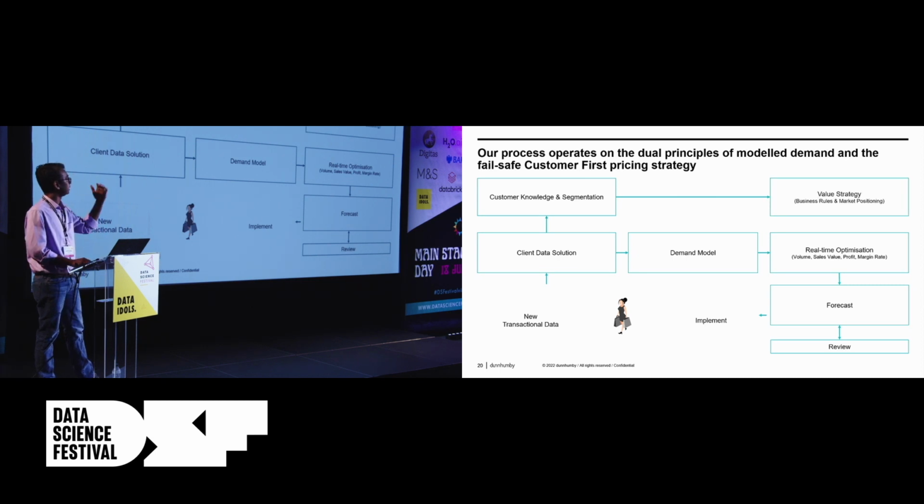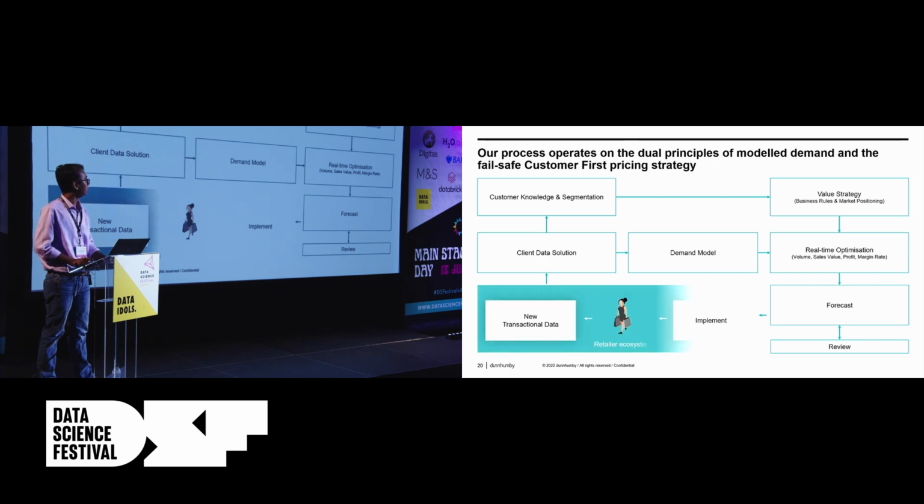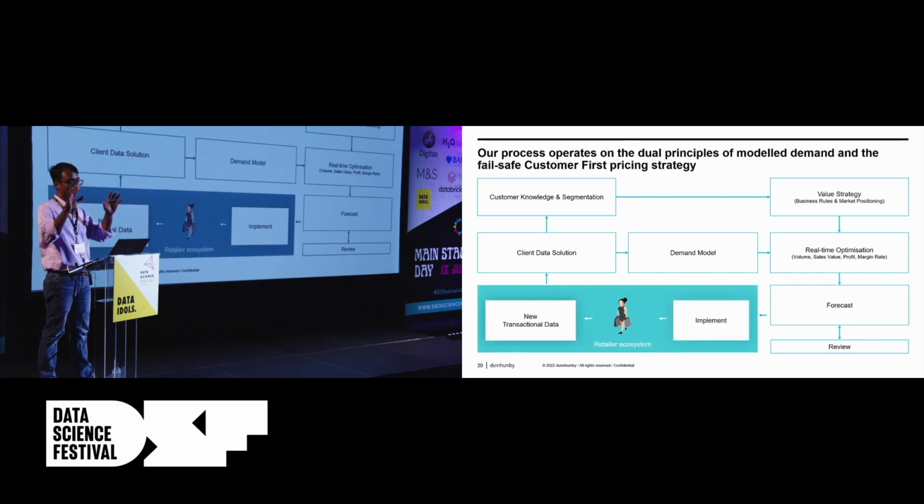This strategy gets translated to different rules, and then they get pushed to the optimization problem. This is how finally these two different streams come together, and we end up with sensible pricing in the store.